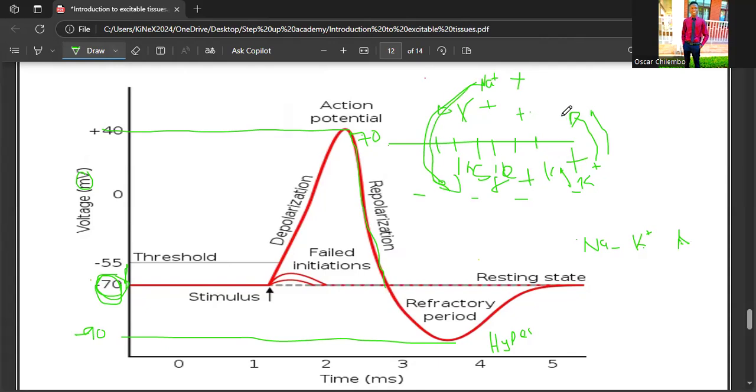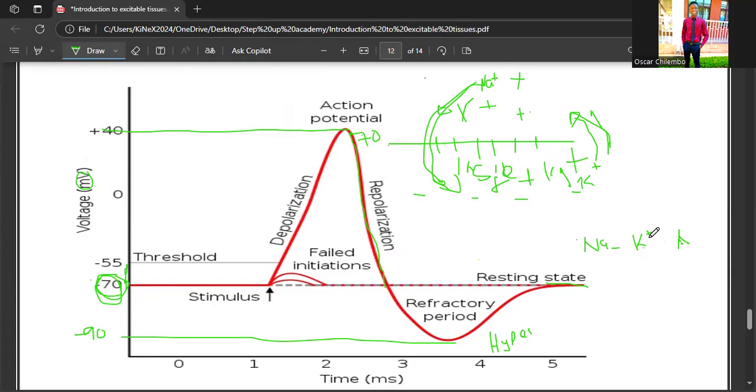This is going to balance, reverting the hyperpolarization back into the resting membrane potential, because sodium will keep on boosting the inside, whereas we are losing some potassium.